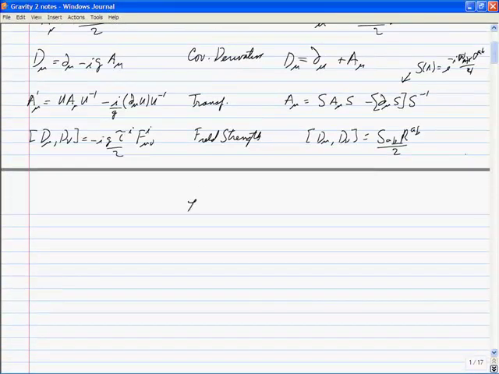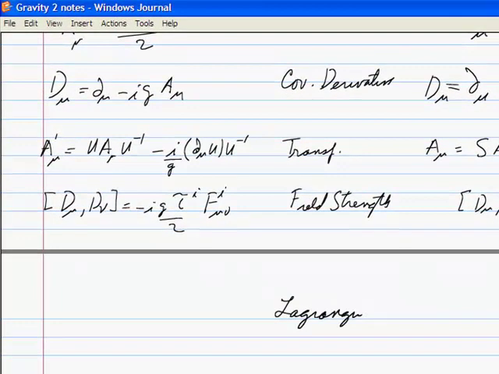Okay, the place where it breaks apart is the Lagrangian. The Lagrangian in this case is minus a quarter F_mu nu squared. We always do.